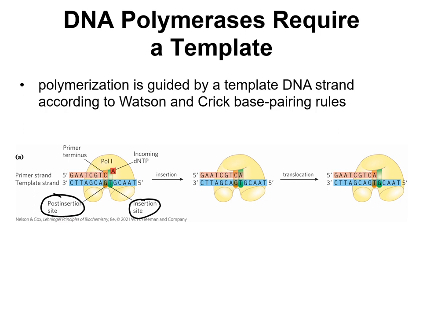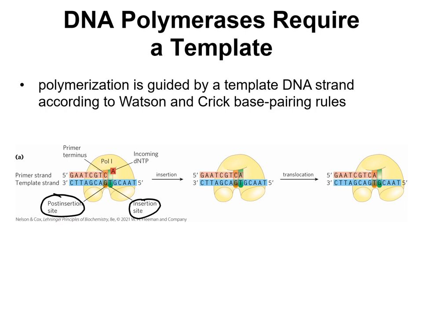So here with the primer, we've got the primer terminus that holds that post-insertion site when the pol is first binding to the primer strand and the template strand. So it recognizes the end of the primer. Oh, okay, this is a GC base pair, great. And now I see that there's a T, so I'm going to allow an A to bind, and then I'm going to seal the deal.